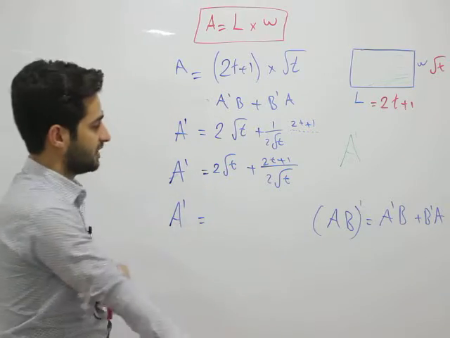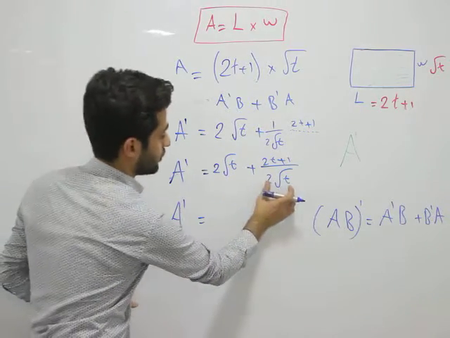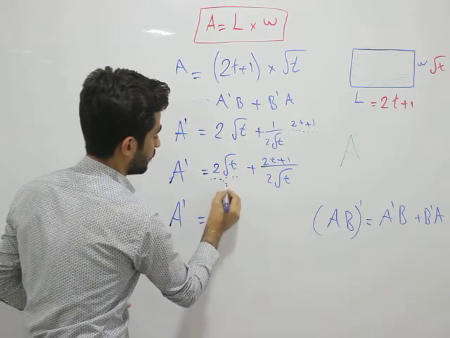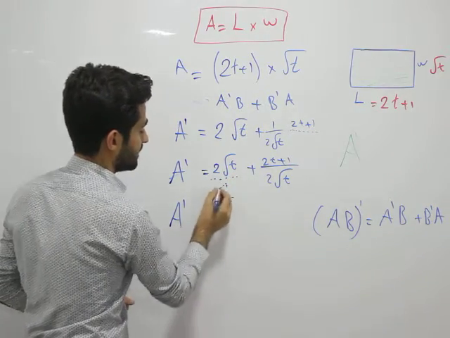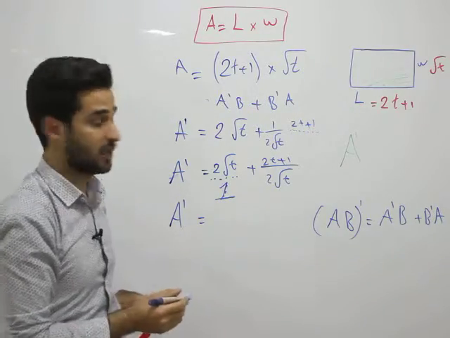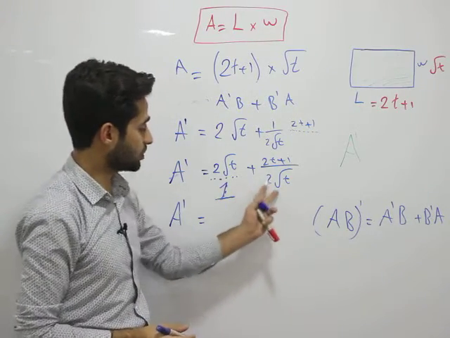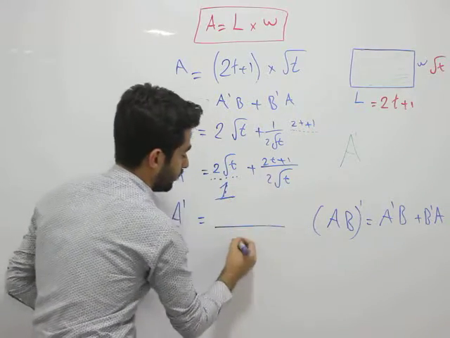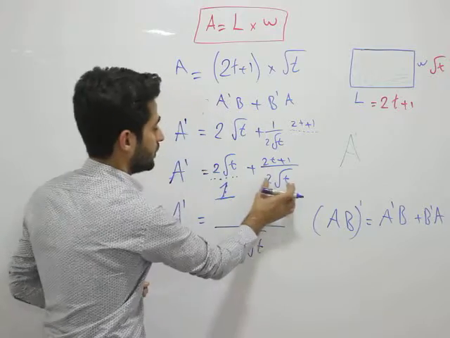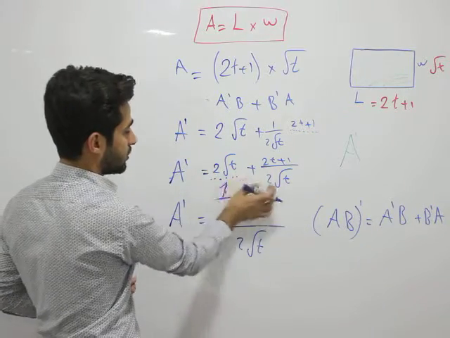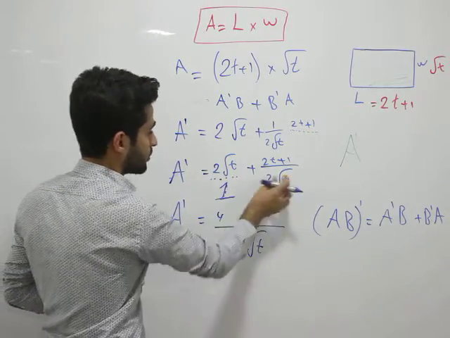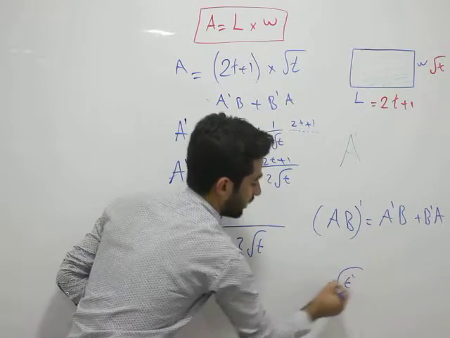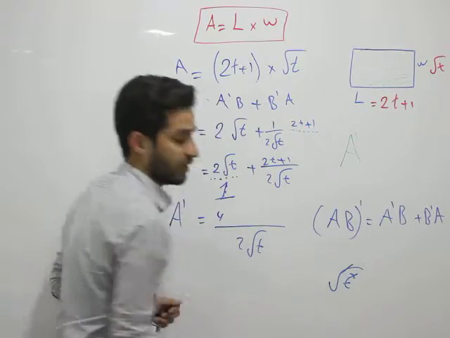How? Let's write as one number. 2 square root of t, multiply this. Why? Because the denominator of this is 1. Okay, this is number 1. So 2 square root of t multiply the top and bottom. So bottom will be 1 times square root of t. 2 square root of t multiply this. 2 multiply 2, 4. Square root of t multiply square root of t. It will be square root of t squared. And you can cancel square and square root.